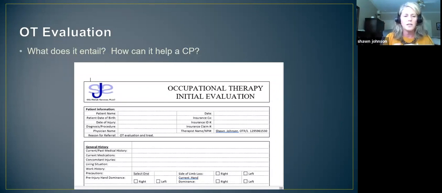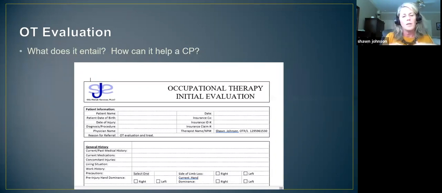It's very comprehensive. It's looking at work history, living situation, any other injuries or issues, their past medical history, medications, site of limb loss, dominance, how are they able to complete certain activities of daily living, what assistance do they need, and then what are their goals.